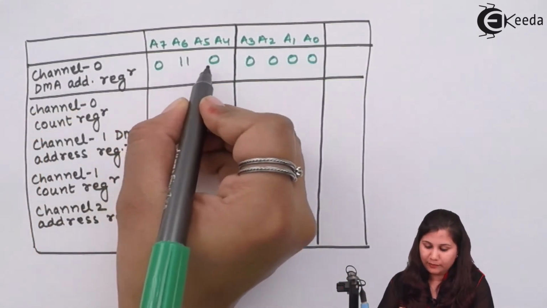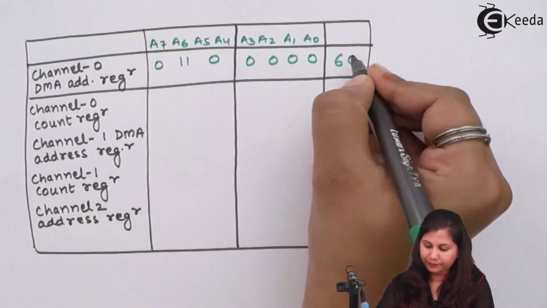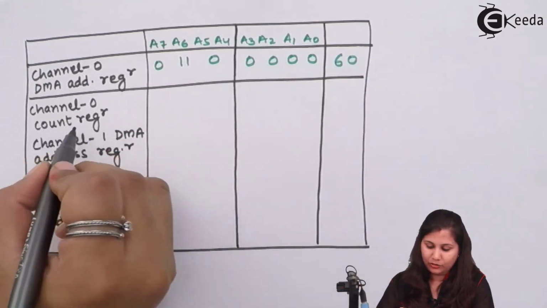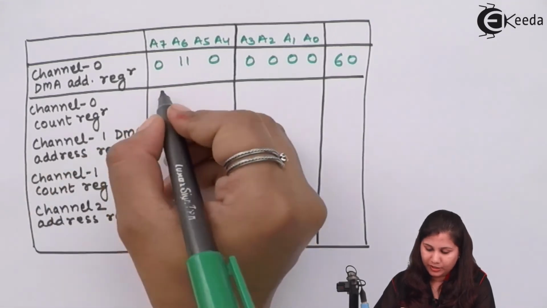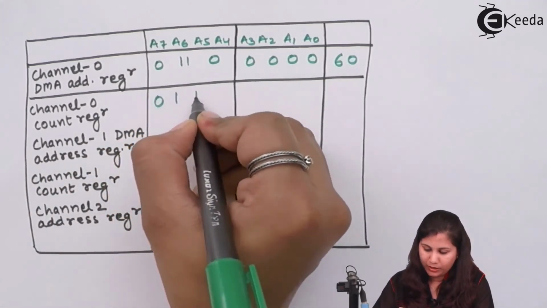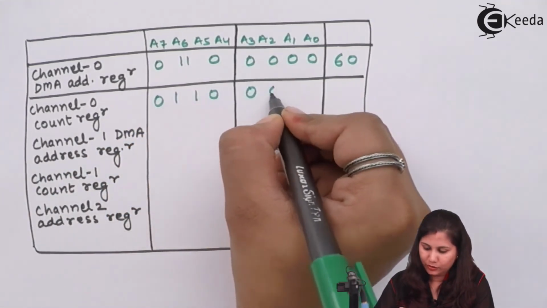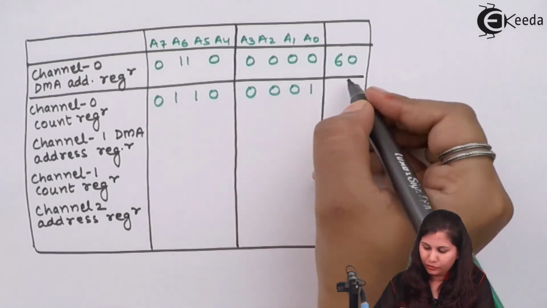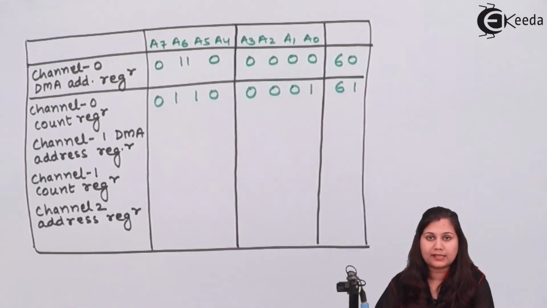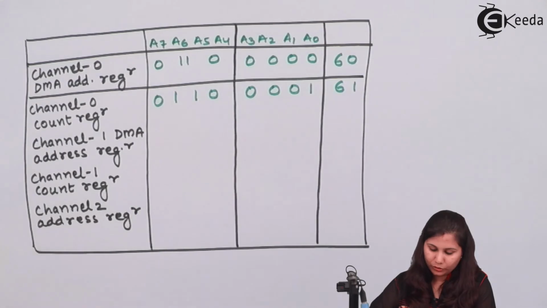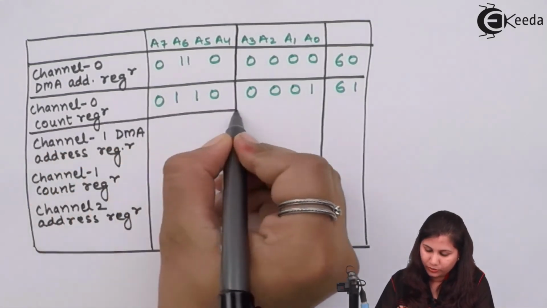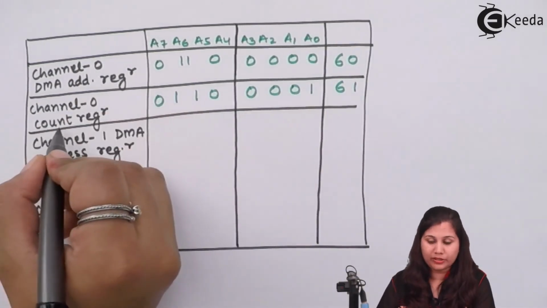So the address comes out to be 60. Now for the channel 0 count register, we have 0, 1, 1, 0 and 0, 0, 0, 1. So the address comes out to be 61. So this is the channel 0 address and count register.